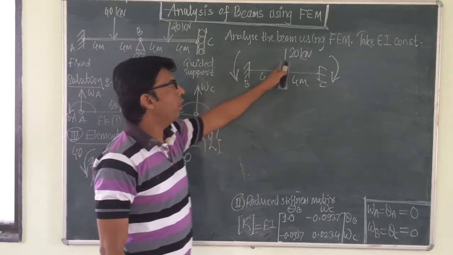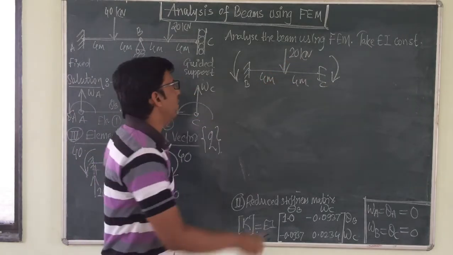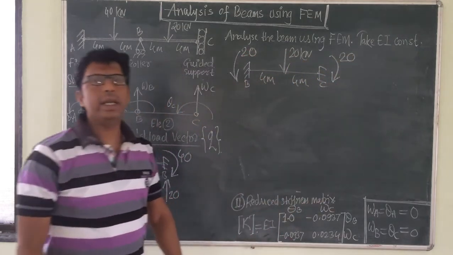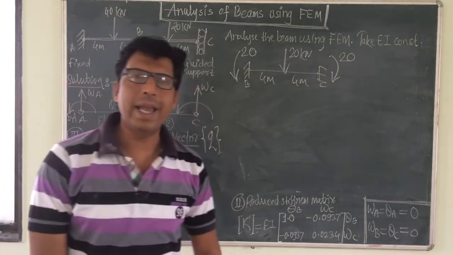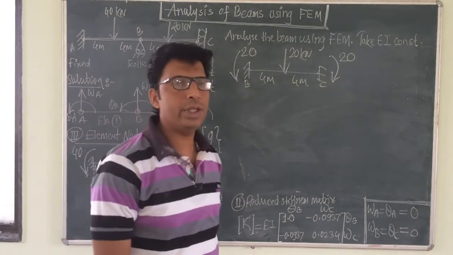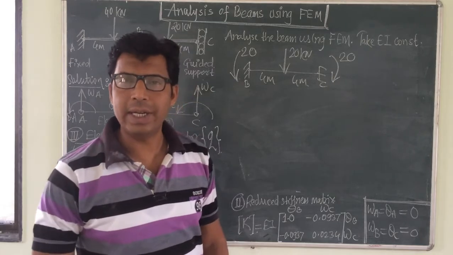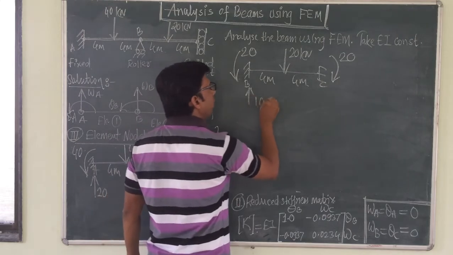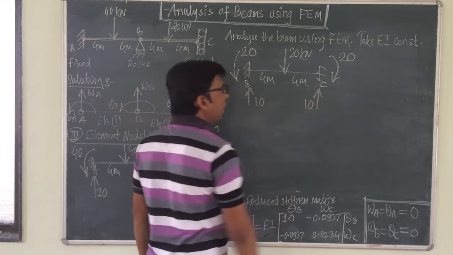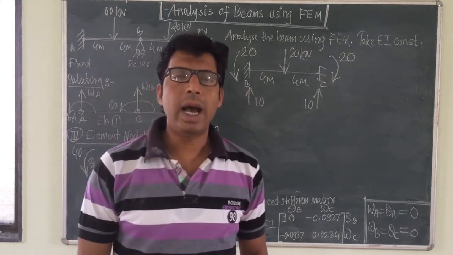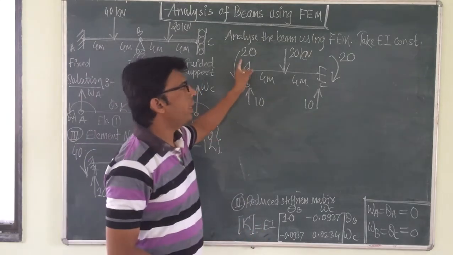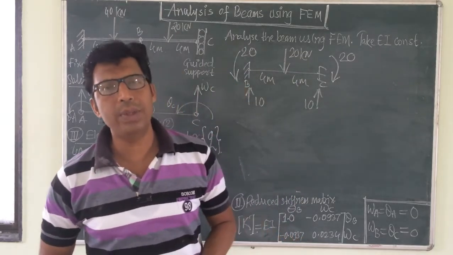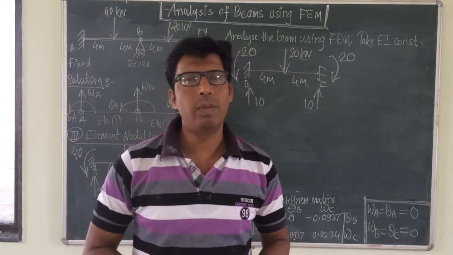So WL by 8, 20 into 8 divided by 8. Fixed moments are 20 and 20. Now reactions, again in this case reaction because of external force 20, central point load, half of the load, W by 2, W by 2. It will be 10 reactions, and sum of moment plus 20 minus 20, anti-clockwise clockwise, sum of moment will be 0. So there is no reaction because of moments.